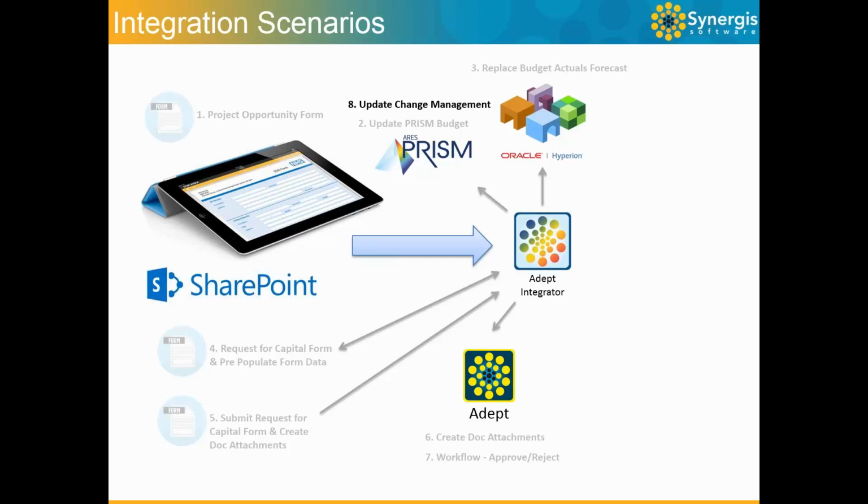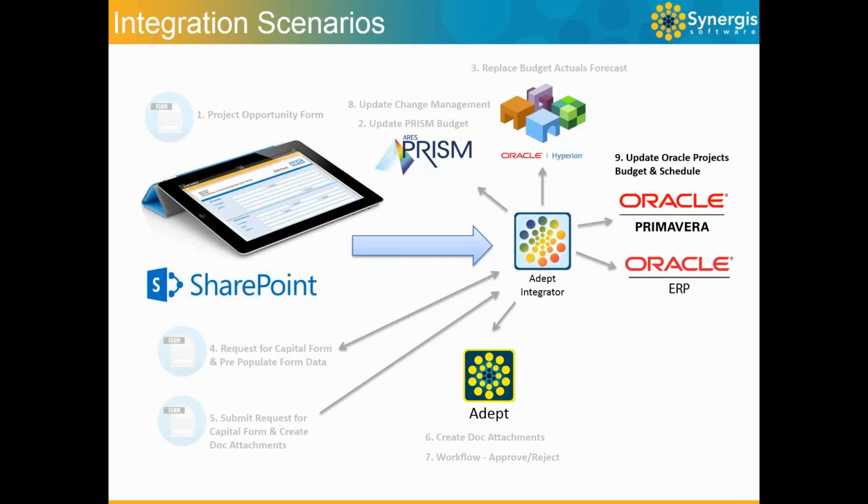Now, in true project terms, a change event needs to happen in order to amend a cost, a time, or a schedule or forecast. And so in this instance, the change process is kicked off in the cost management solution. This then is approved and then updates your Prism, your P6 schedule, which is your scheduling tool, and then of course your ERP at the end of the day, where the budget actually comes from.